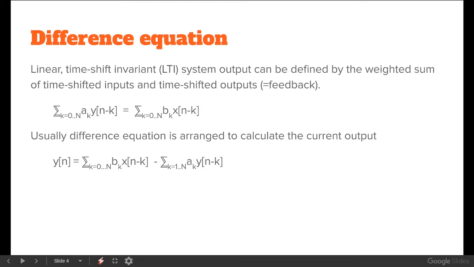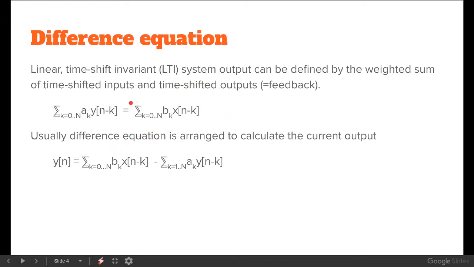I don't like my graphics here, but basically it's this one here. There are weighting factors A which are multiplying the output and its history. y[n] is the current value, what we are calculating.